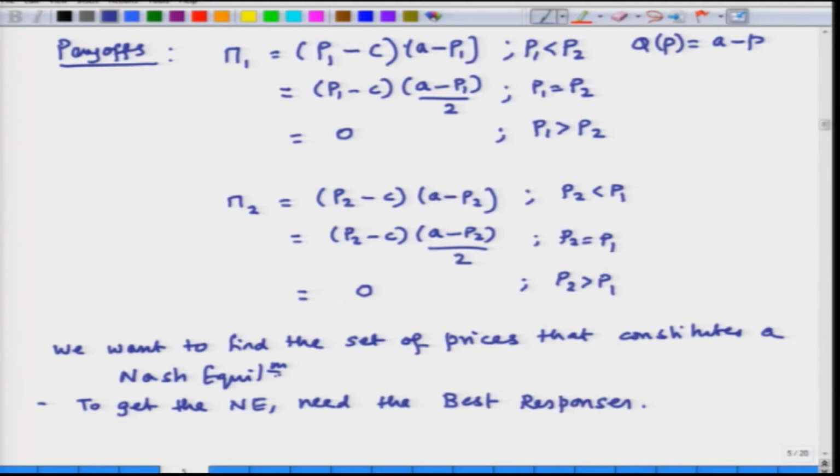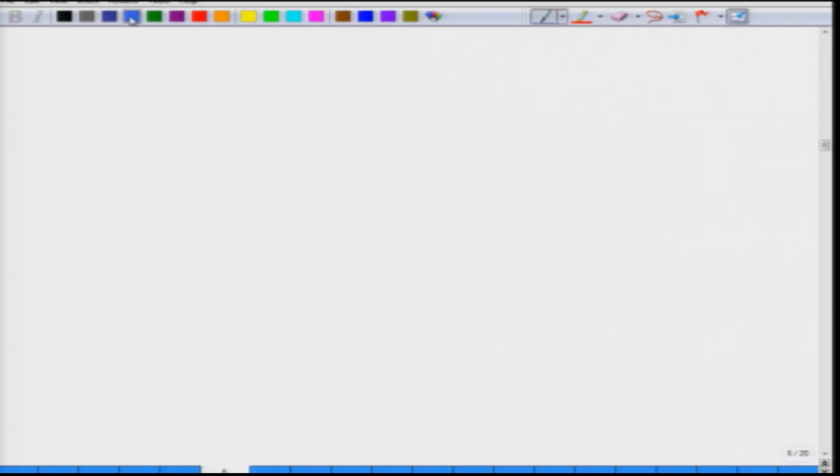So, we will start with first principles and look at what is the best response for firm 1 for each possible choice of P2 chosen by firm 2, and then we will do the same thing for firm 2 also.